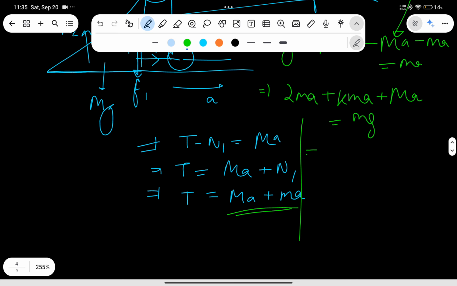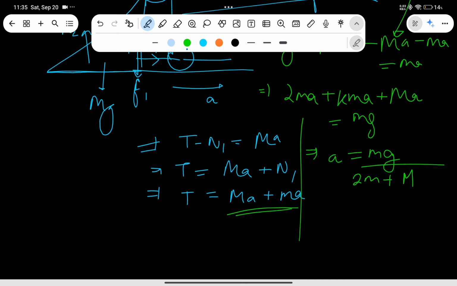Then we can write that A is equal to mg divided by (2m plus km plus capital M).